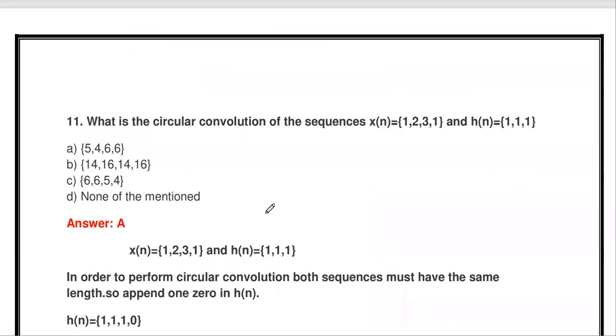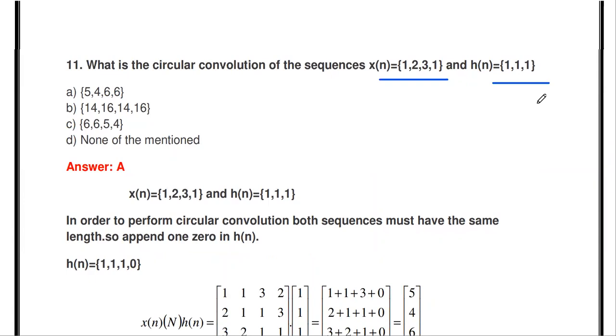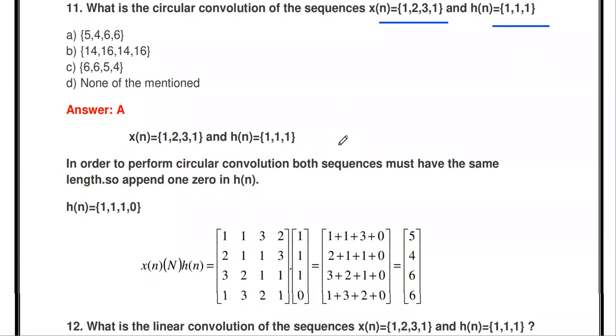Similarly, see the next question: what is the circular convolution of the sequence x of n equal to 1 2 3 1 and h of n equal to 1 1 1? Here x of n has 4 samples, but h of n has only 3 samples. The rule for circular convolution is that both sequences must have the same length. So in h of n, you just append a 0 at the end.